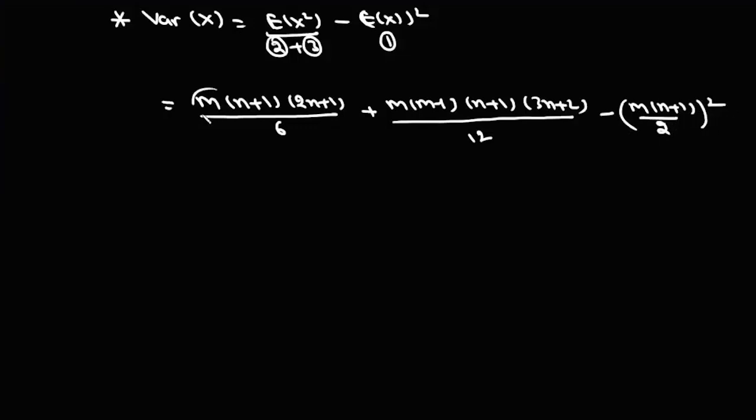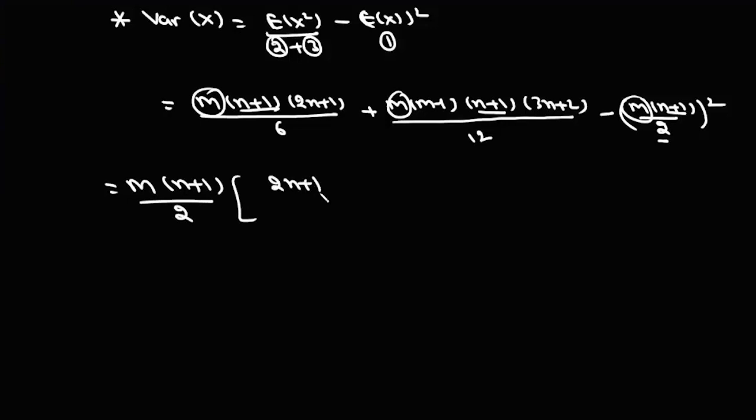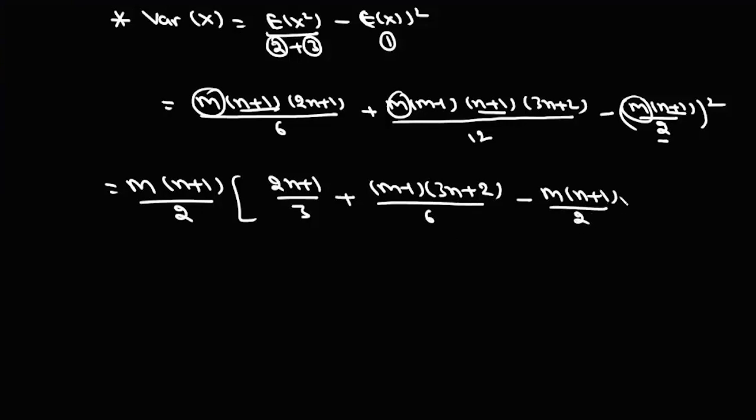Now from this we can take m and n plus 1 common, and we can also take this 2 common, so we can write m into n plus 1 by 2, it will be 2n plus 1 by 3. Here we'll have m minus 1 into 3n plus 2 by 6, and then we'll have m into n plus 1 divided by 2.